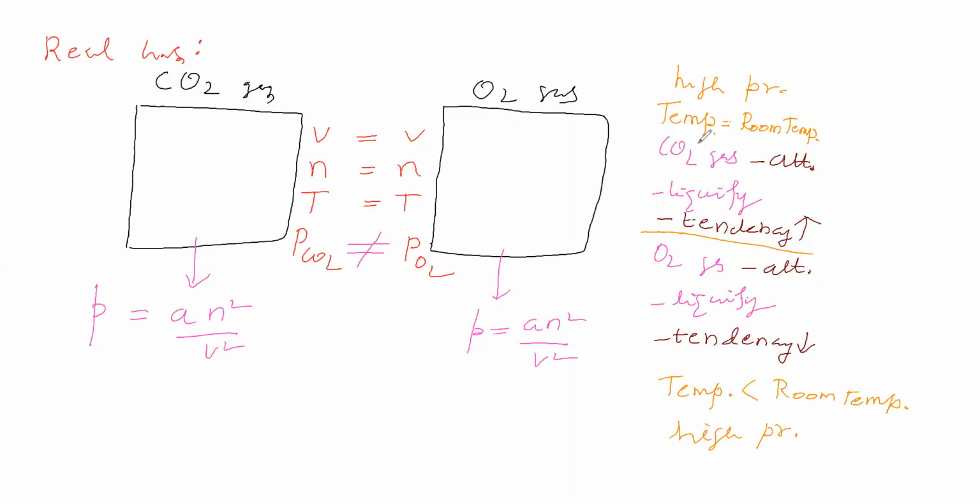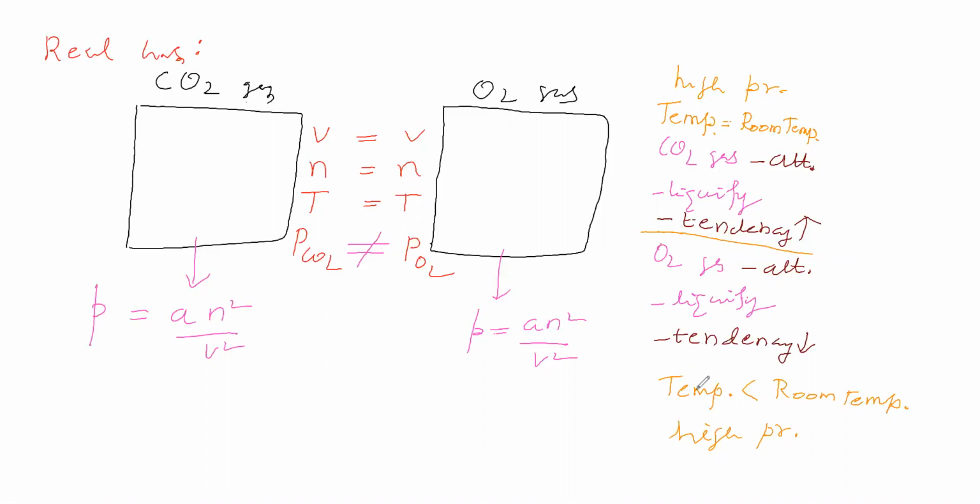Sir, carbon dioxide gas will be placed at room temperature itself; we need not change its temperature. Then we have to apply high pressure to this, and it will be liquefied. Now you say which can be liquefied easily. Here we are applying high pressure, and here also we are applying high pressure.